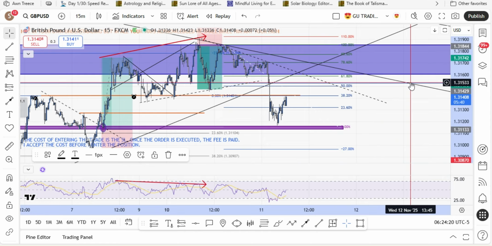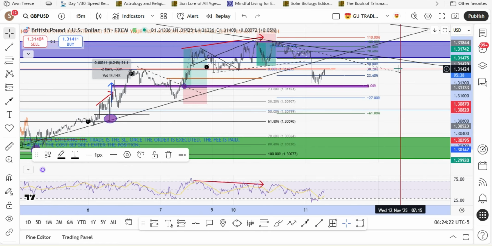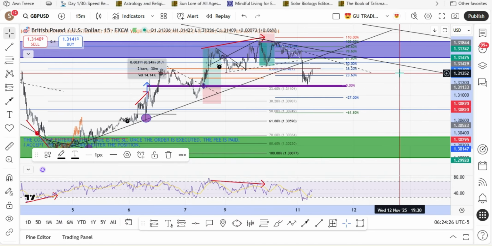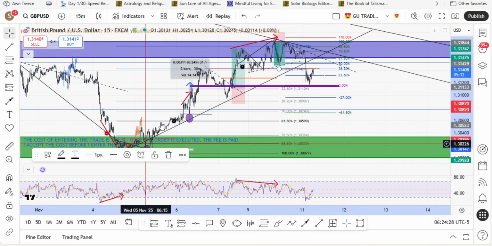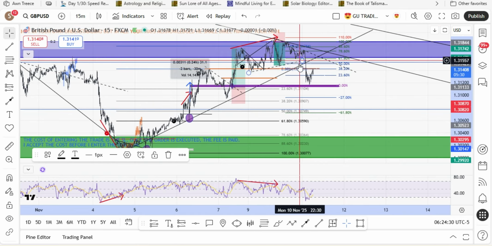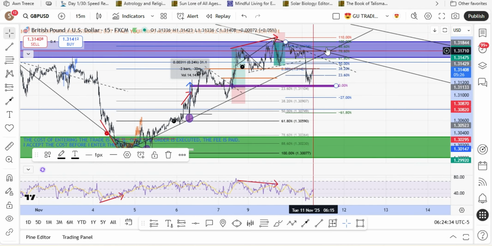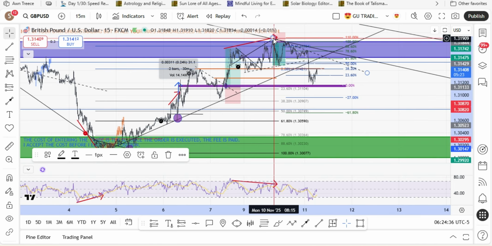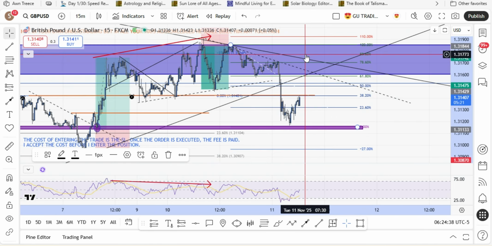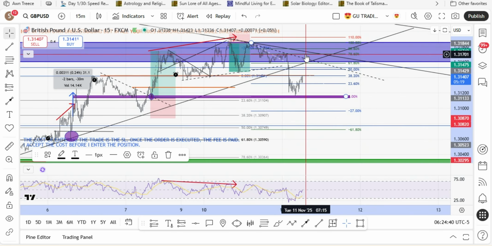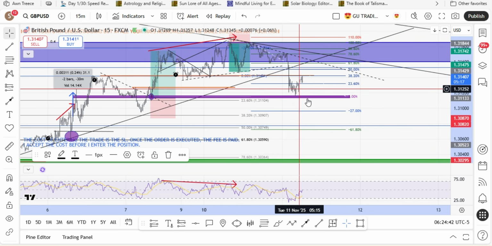This is a structured trend line, and this is a counter trend line just in case price does want to continue up and I have to extend my fib. This would be 0.0 up here. Did I take it all the way up? Yeah, that'll be my 0.0.